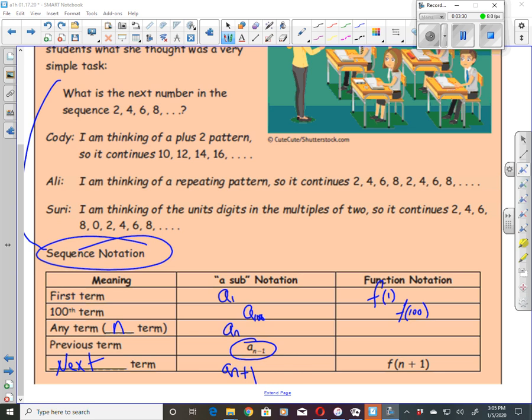Any nth term would be f of n. The previous term would be f of n minus 1. Therefore, the next term would be f of n plus 1. This is important for you to see and know. We can use these both in explicit and recursive forms. We'll spend some more time with recursive forms down the road.